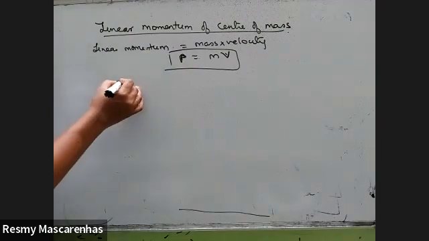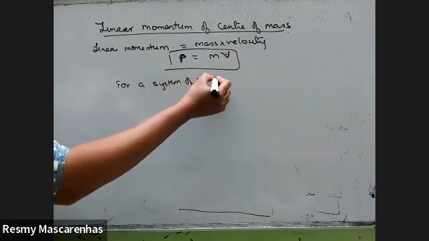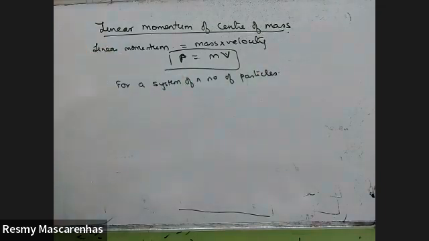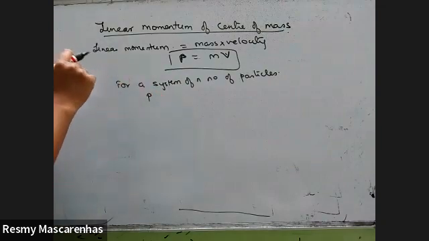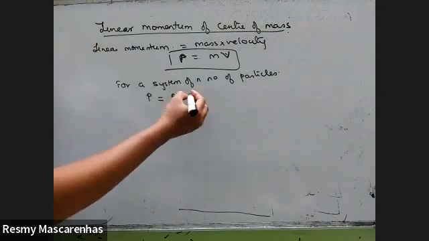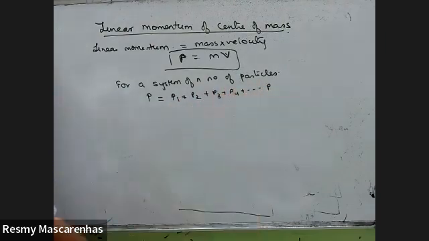Now if you have a system of n number of particles, total P will be P1 plus P2 plus P3 plus P4 up till Pn.